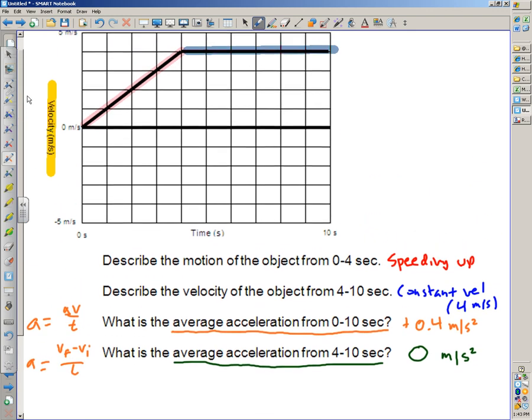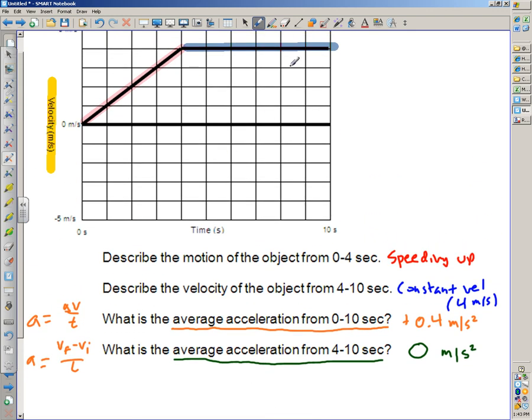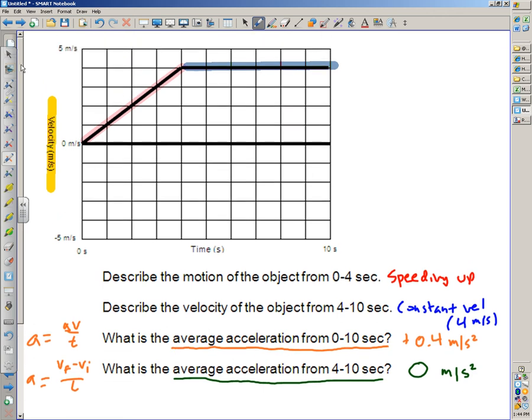If we go back to our picture, what is the final velocity of this object? Not -4. It's +4, because it ends up here. The initial velocity of that object was 0. So on the top of this fraction, you have 4 minus 0. And then the amount of time that it takes for that to happen is 10 seconds. So that's how you get the 0.4.